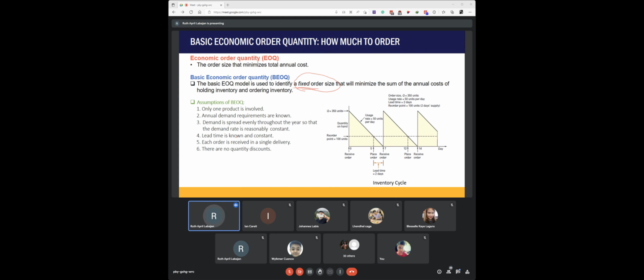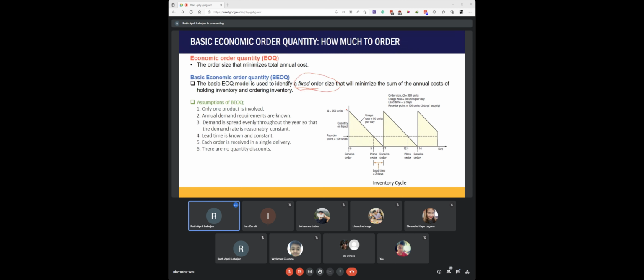Then fourth, lead time is known and constant, meaning there is no variability. If it's 2 weeks, it's exactly 2 weeks. If 3 weeks, 3 weeks. And then each order is received in a single delivery. Meaning, if you order 450, the 450 must arrive in one delivery. And lastly, there are no quantity discounts. Okay, to illustrate, this is the simplest model. Let's say that you have an order size of 350 units.